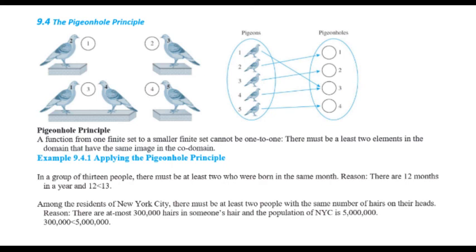So we have 5 million different people in New York City, but there are only 300,000 possible hair counts. Since 300,000 is less than 5 million, we can say for sure that there are 2 people in New York City who have the same number of hairs on their head.